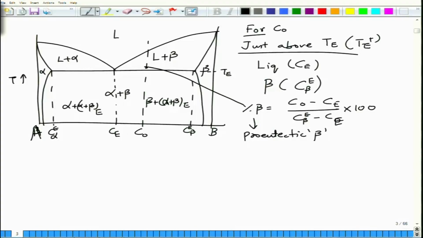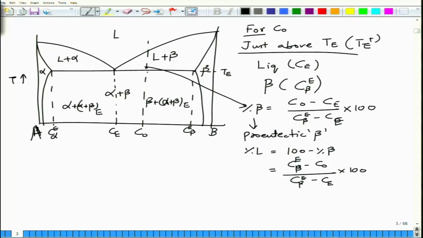So what we have at this point is pro-eutectic beta plus liquid. So percentage liquid will be equal to 100 minus percentage beta, which is equal to C beta E minus C naught divided by C beta E minus C E into 100.